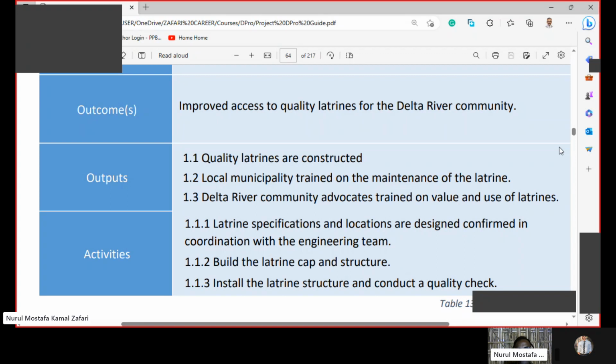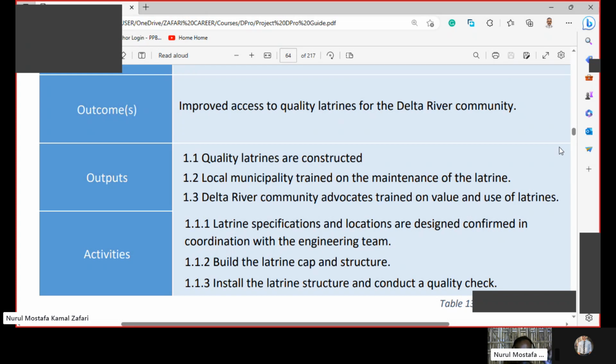Output 2 is local municipality trained on the maintenance of the latrine. Output 3 is Delta River community advocates trained on value and use of latrines. If these three outputs are achieved, we should note that output 2 has some activities, not listed here. Output 3 also has some activities.